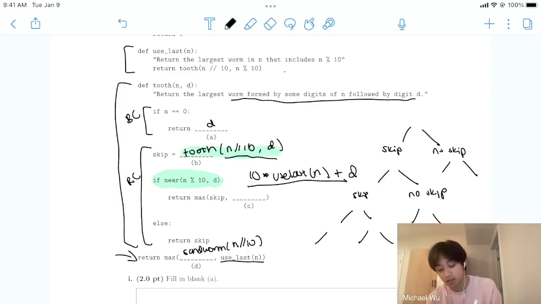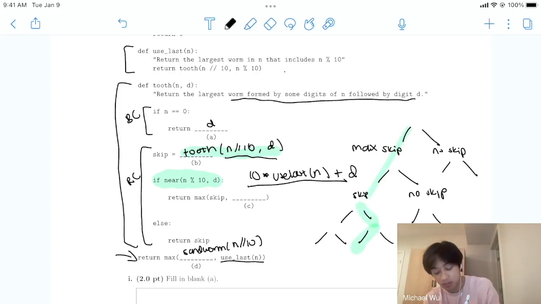because since these are all recursive calls, you can think of it as taking the max at each branch. So this is the max of this and this. Okay, these lines are getting confusing, but you're taking the max at each branch. Say you were to follow this line where you're doing skip, skip, and then no skip, and then skip.